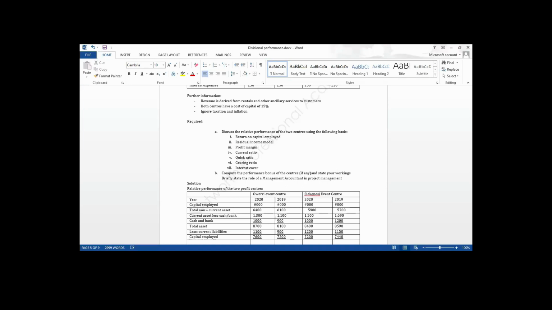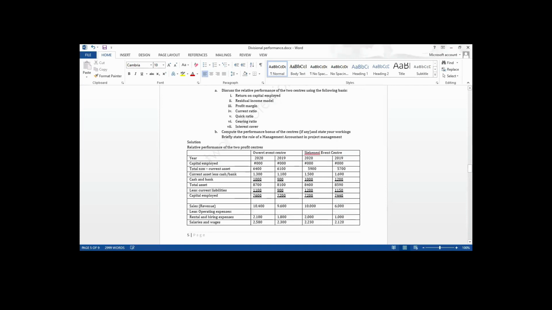You can put down the formula. Return on capital employed is also return on investment. Your operating profit, that is profit before interest and tax, divided by capital employed. Please put down the formula in your book.